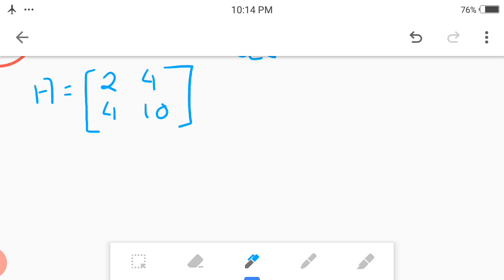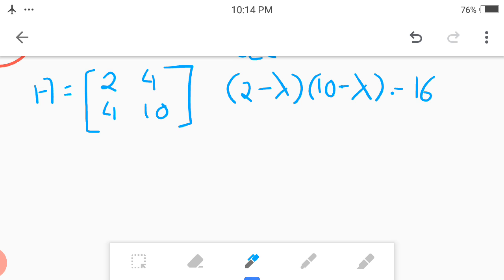So what was the first point? The lambda values are greater than 0. So let's compute the lambda using the characteristic equation. I will write the equation here: (2 minus lambda)(10 minus lambda) minus 16 has to give 0. If you write this properly in a quadratic form, it is lambda squared minus 12 lambda plus 4 equals 0. You can see using the factorization method is a bit difficult.